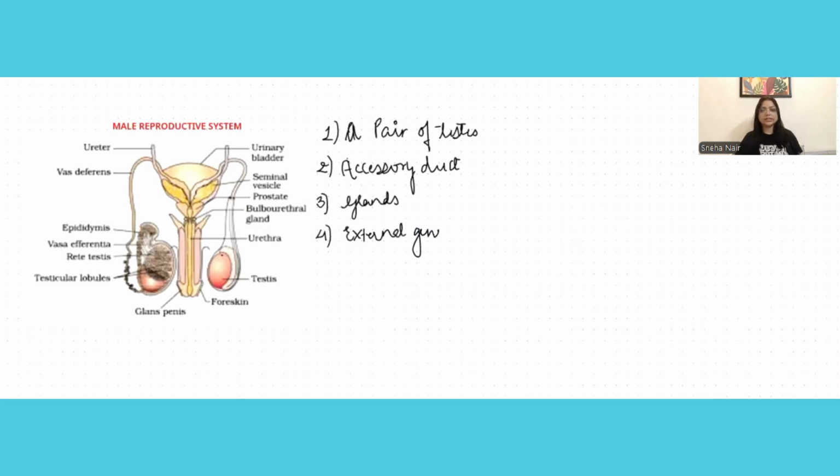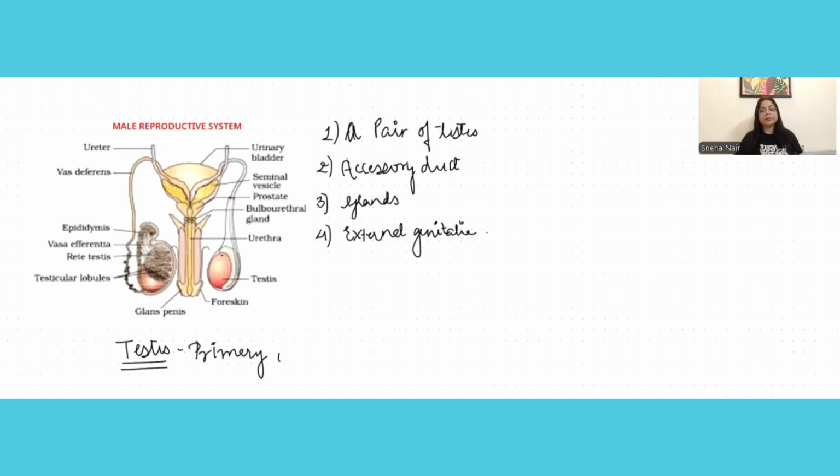So let us discuss all these parts one by one. First, we'll start with the testes. So, friends, the testes are the primary sex organ present in the male. When I say it is primary sex organ, what does that mean?